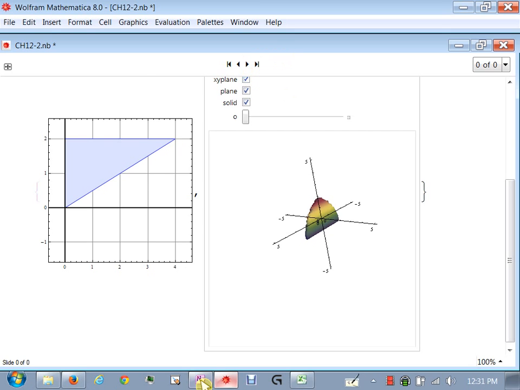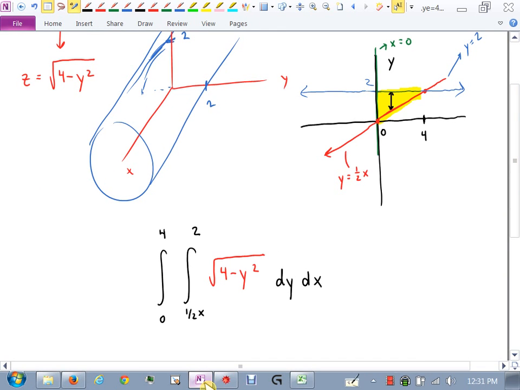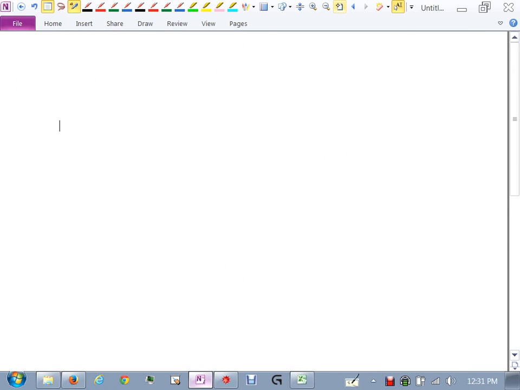Okay, so what did I assign last time out of this section? It was very minimal, wasn't it? What was it? 11 and 12.